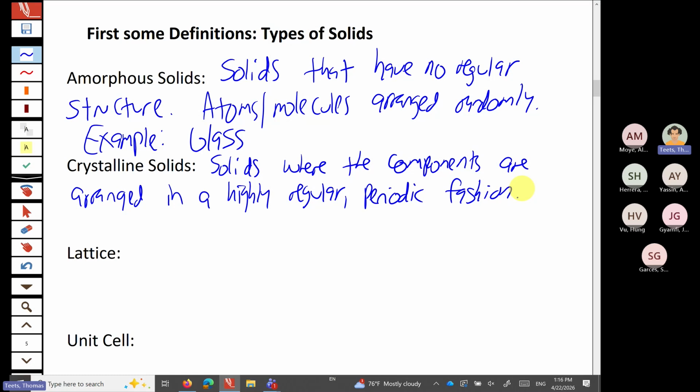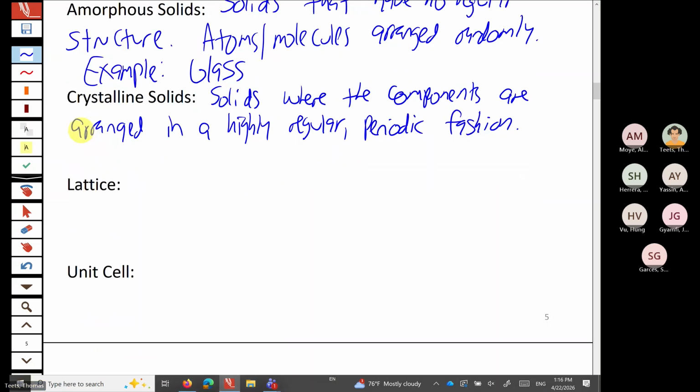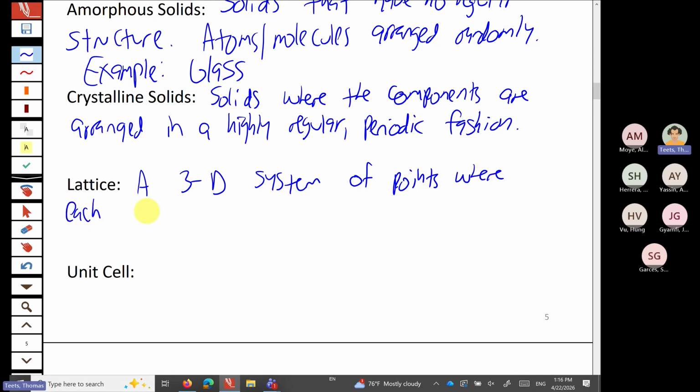And then what defines the structure of a crystalline solid is a more abstract parameter called a lattice, which is the three-dimensional system of points that you can use to define a crystalline solid, where each point represents an atom, a molecule, or an ion in the crystal.